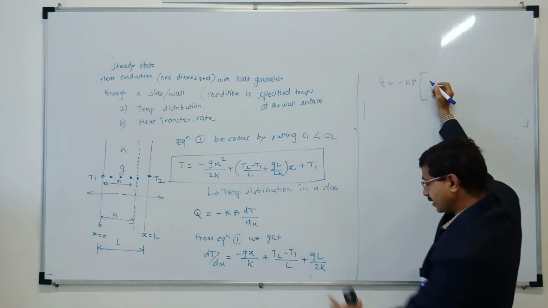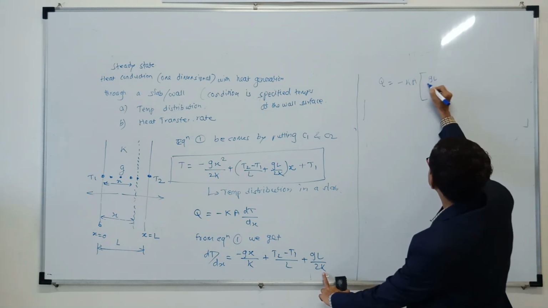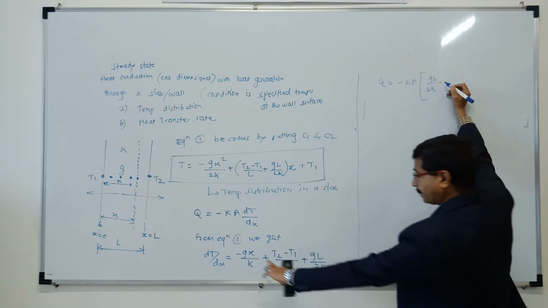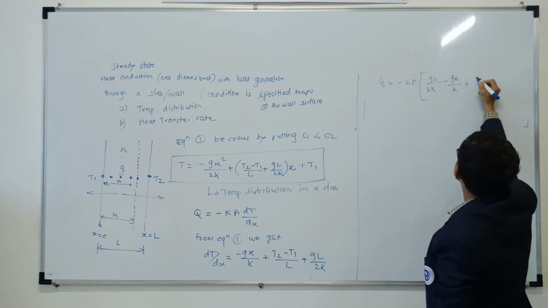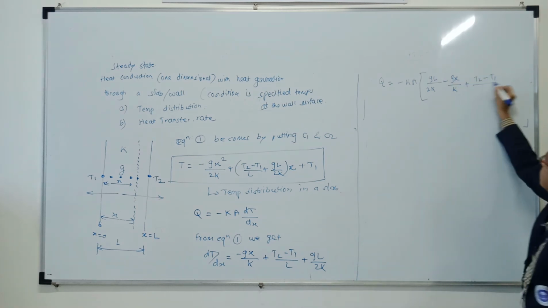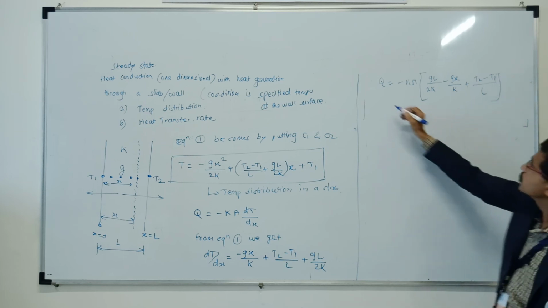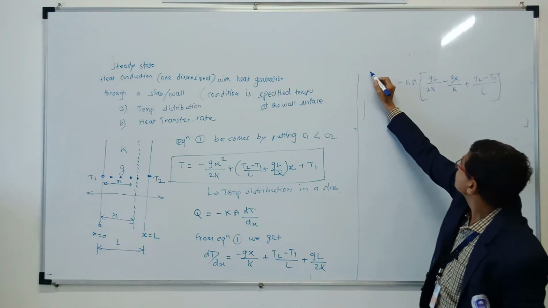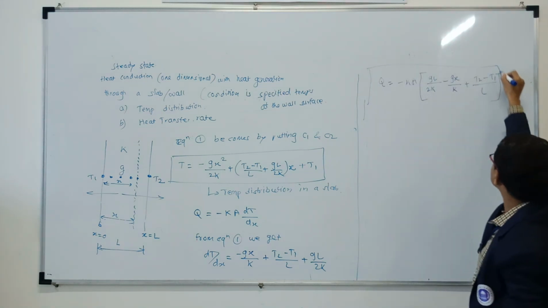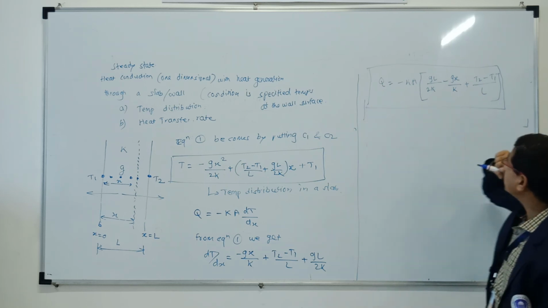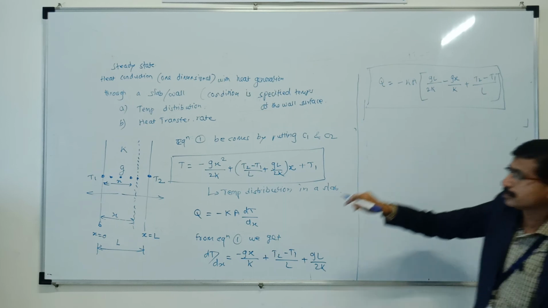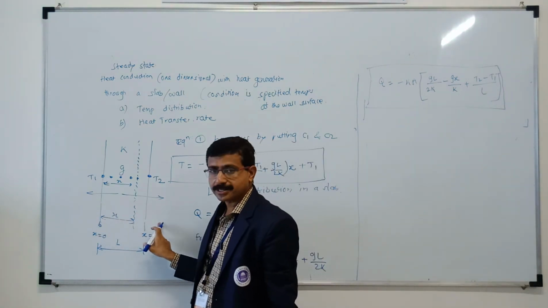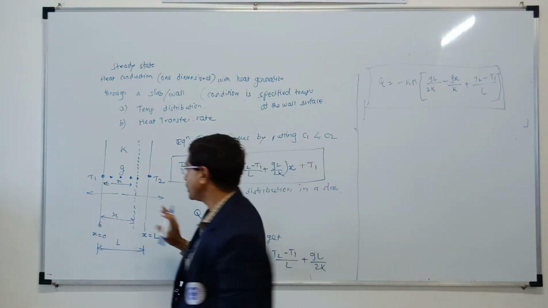So I will take positive term first. GL by twice K minus Gx by K plus (T2 minus T1) divided by L. So this is the expression. This is the expression which will give the answer of what? The heat transfer rate at any position inside the slab. It is not the case of without heat generation.